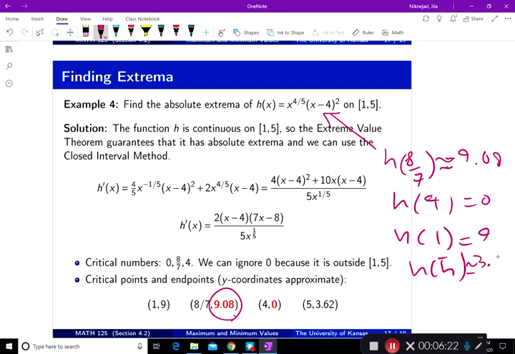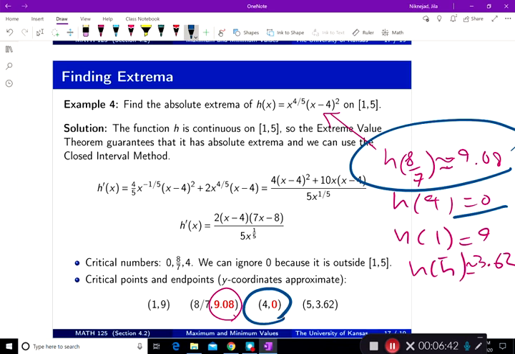Comparing all of these together, the smallest number is 0 and the highest number is at 8 over 7. So 4 and 0 gives you the minimum, and 8 over 7 and 9.08 gives you the absolute maximum point for this graph.